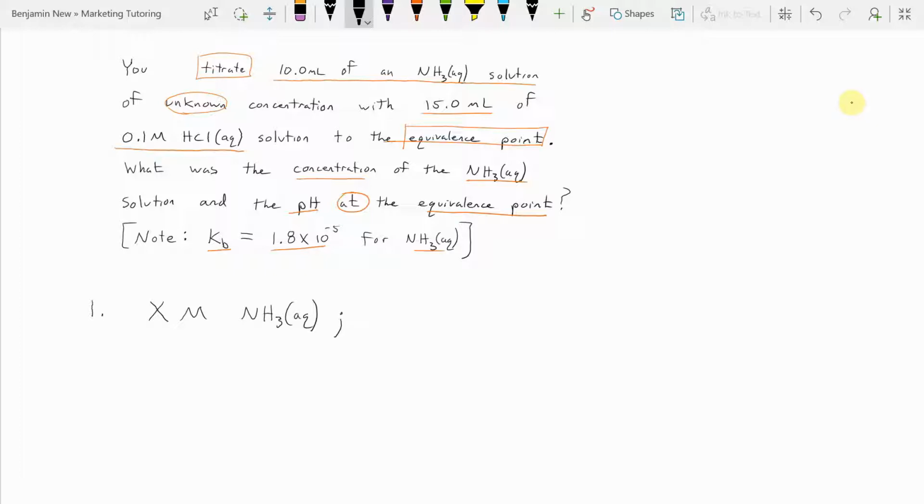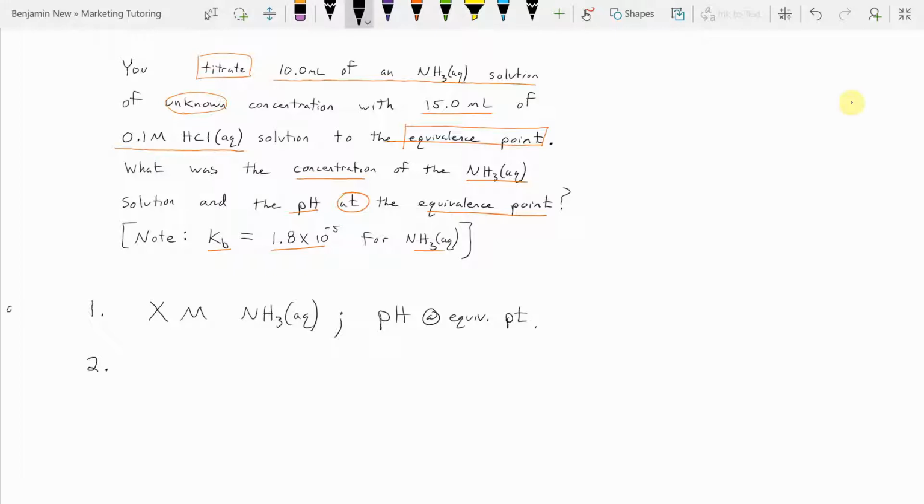And then we need to find the pH at the equivalence point. So we'll do one before the other. We'll find the unknown concentration of the ammonia solution that we started with. Let's go ahead and organize all of our information.